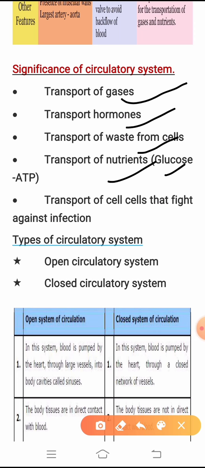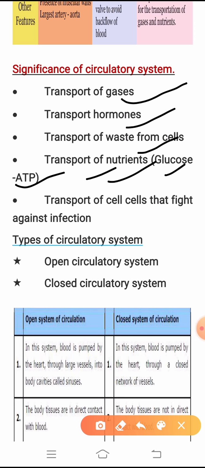Under digestion, the glucose is released and absorbed in the blood, and that blood carries the glucose to every cell of the body. As a result, ATP is released. What is ATP? ATP is the energy, right? So the energy is released. To release the energy, transportation of nutrients is very, very important.